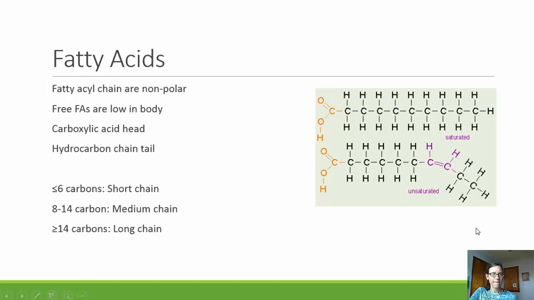And we classify fats often according to their chain length. So the chains with less than or equal to 6 carbons are short chains, and then our medium chain and our long chain fatty acids. So for instance, we'll hear about medium chain triglycerides in MNT treatment sometimes.